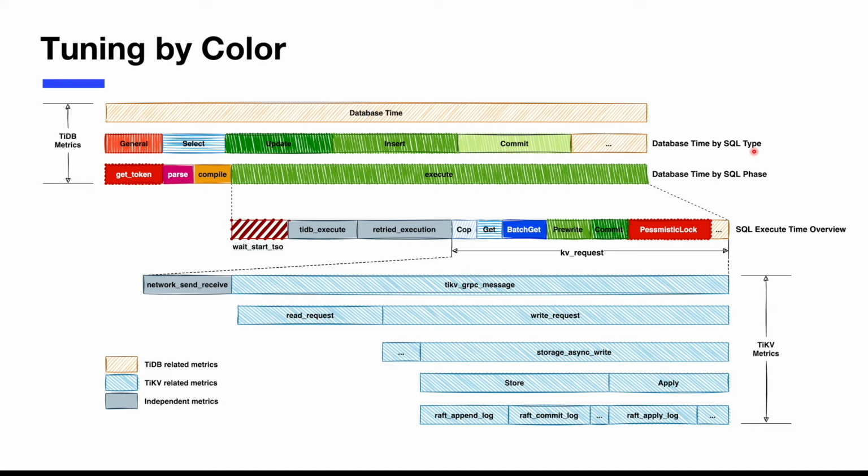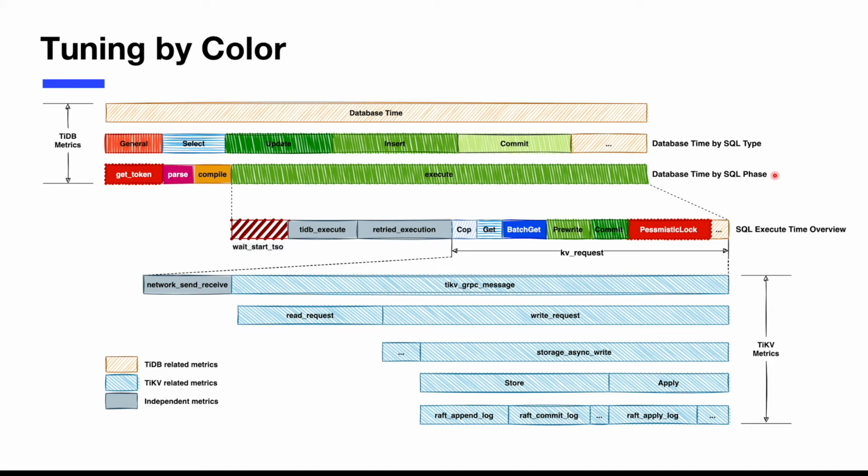And when you see other colors in a significant proportion in this chart, you should be on alert, right? Something abnormal is happening in the system. The system is not doing the customer's workload. Another dimension is to divide the DB time by SQL phase. We go through get token, parse, compile, and execute SQL, right?